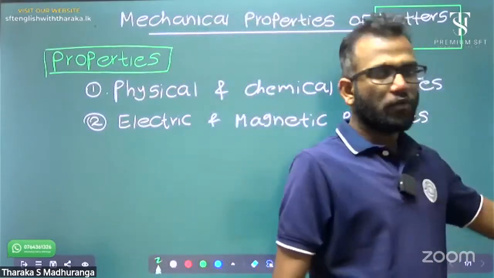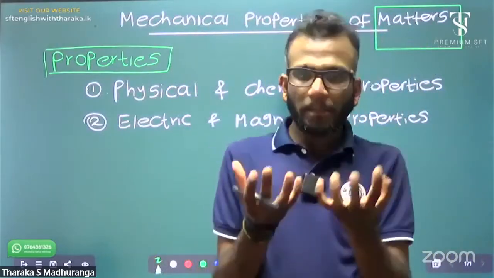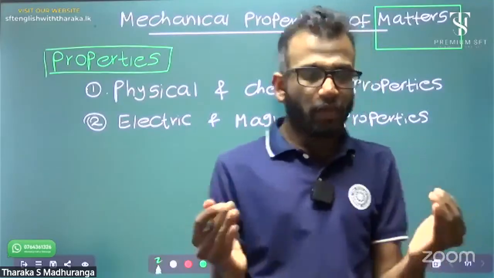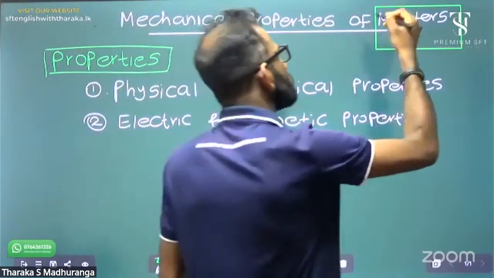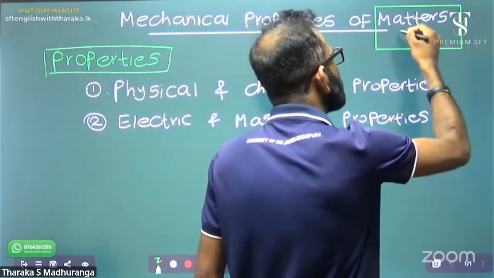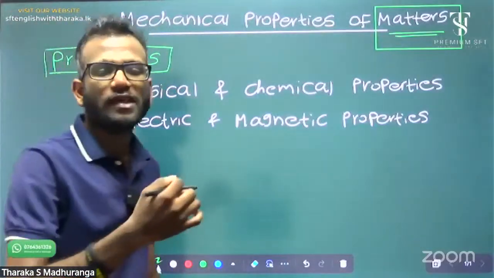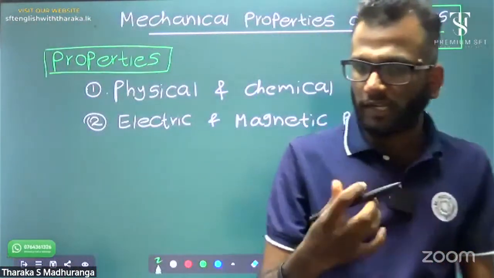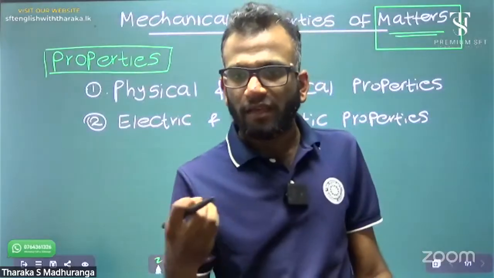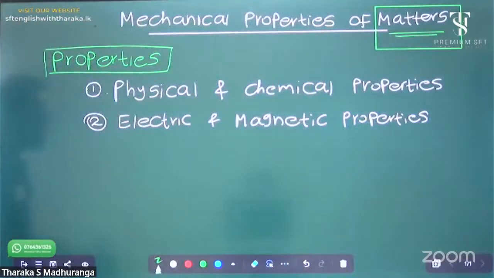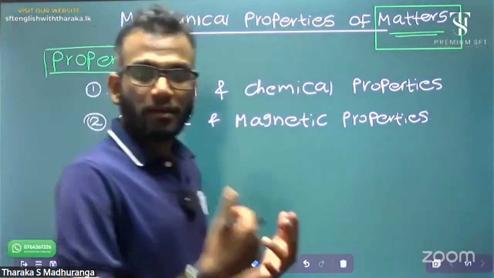If you take a water cup, it is a liquid matter. Everything on our earth, solid, liquid and gas, is matter. Yes, matter has a mass and occupies some space.